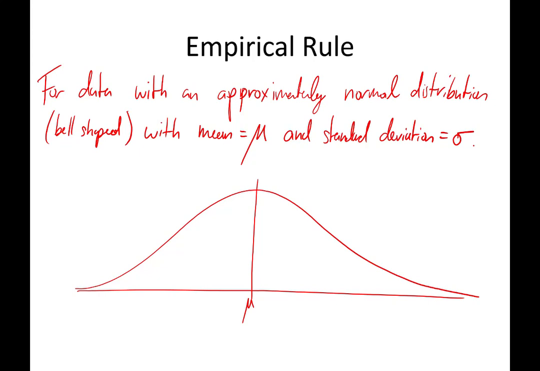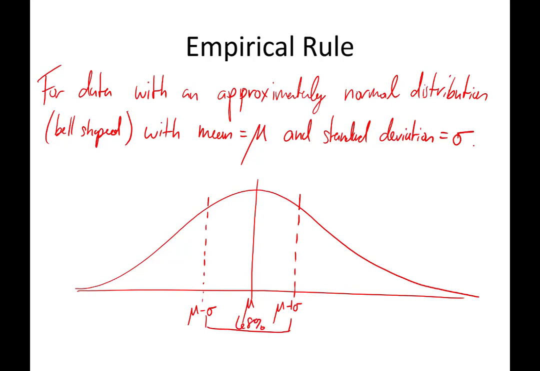What we found is that if you look within one standard deviation of the mean, if you go up one standard deviation and down one standard deviation, you'll find approximately 68% of observations.